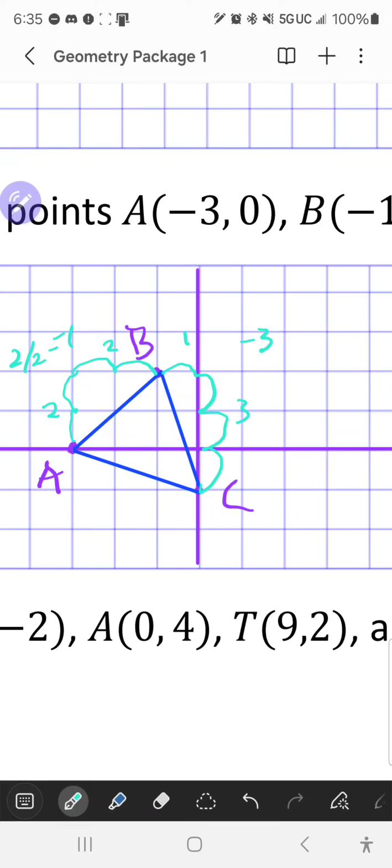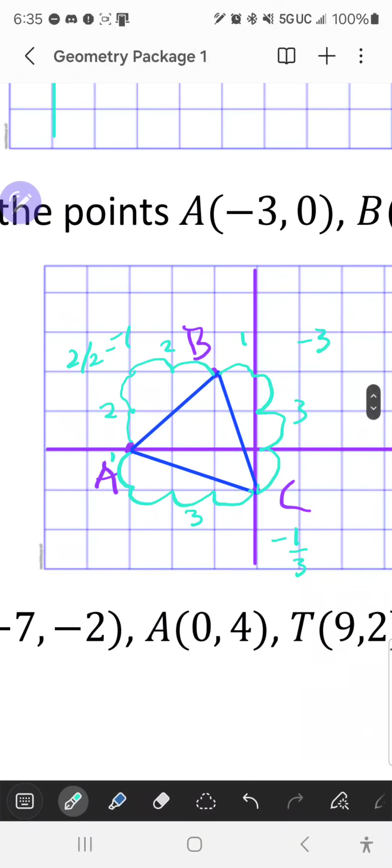And here it will be 1 and 1, 2, 3. So the rise will be 1 in the negative direction, negative 1, and the run will be 3. So it will be negative 1 over 3.